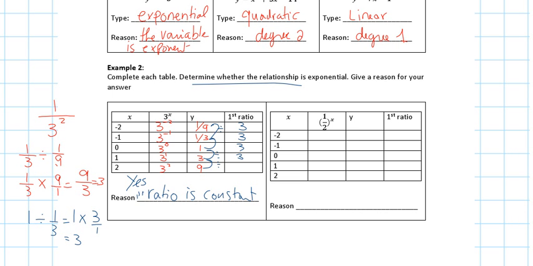Okay, 1/2 to the power of -2. What is that equal to? 2 to the power of 2. We know if we have a negative exponent, we flip the base, make the exponent positive. So flipping the base gives 2 over 1 to the power of 2, which is equal to 4. Good.